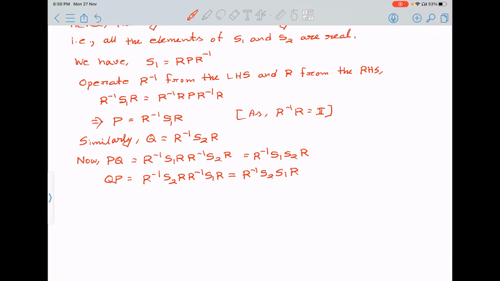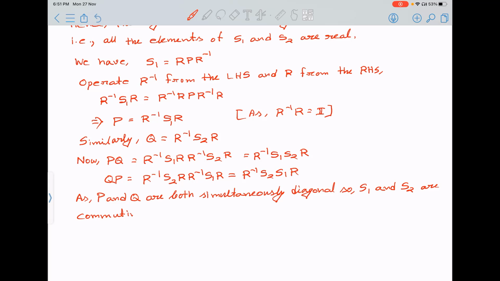Now, as P and Q are both simultaneously diagonal, S1 and S2 are commuting matrices.